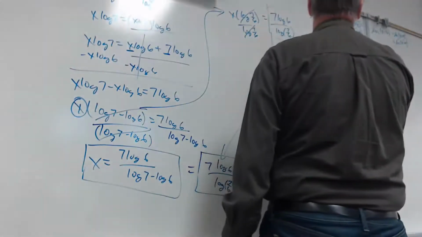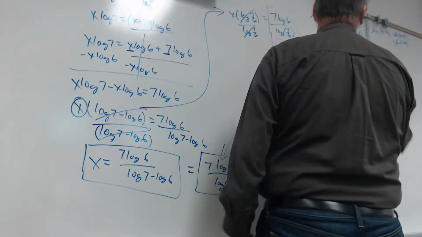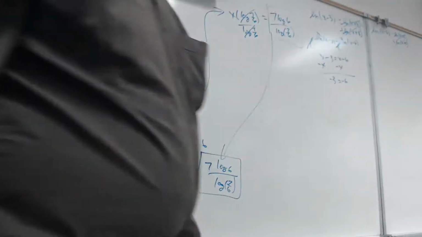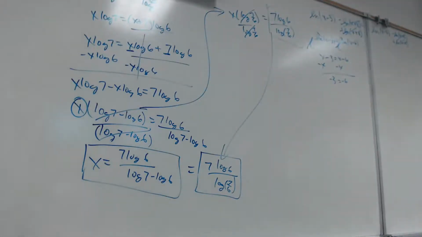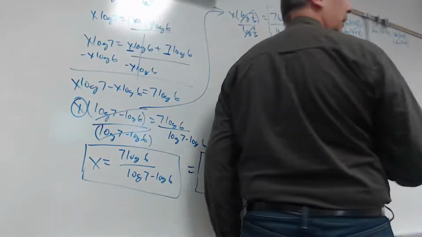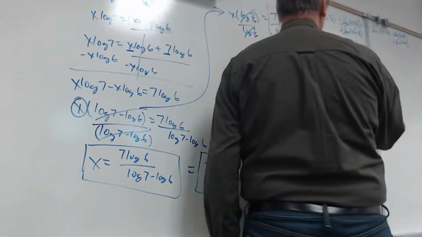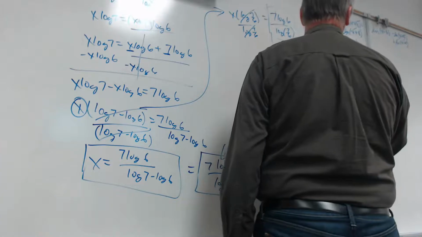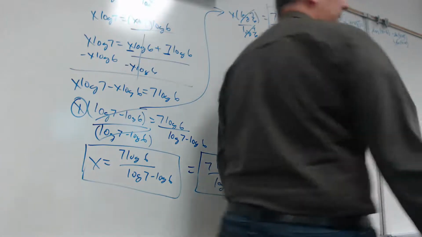Then I get negative 3 equals negative 6. And when does that happen? When I owe you money, right? Okay? So yeah, that's a false statement. So therefore, the answer is no solution. Okay?